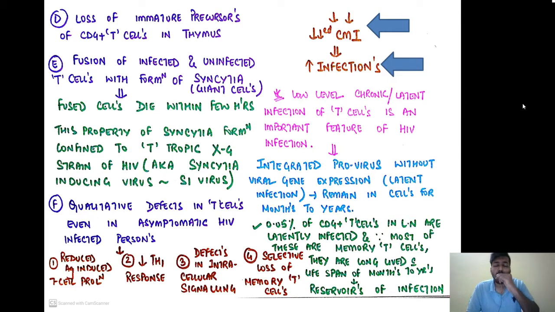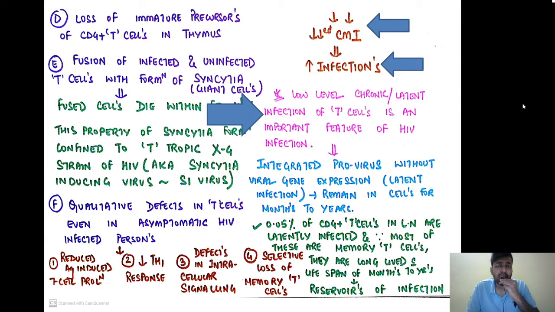Now you also have to understand one thing, that a low level chronic or latent infection of T cells is a very important feature of HIV infection. As we have read in the life cycle, once the HIV virus enters the host cell, it integrates with the host DNA to give rise to an integrated provirus.